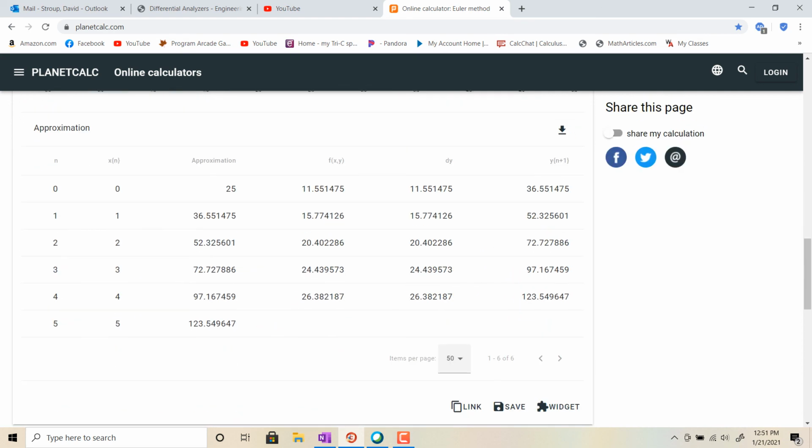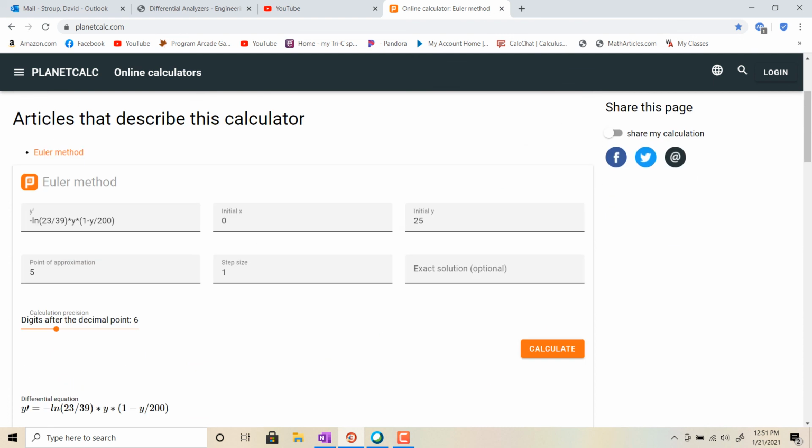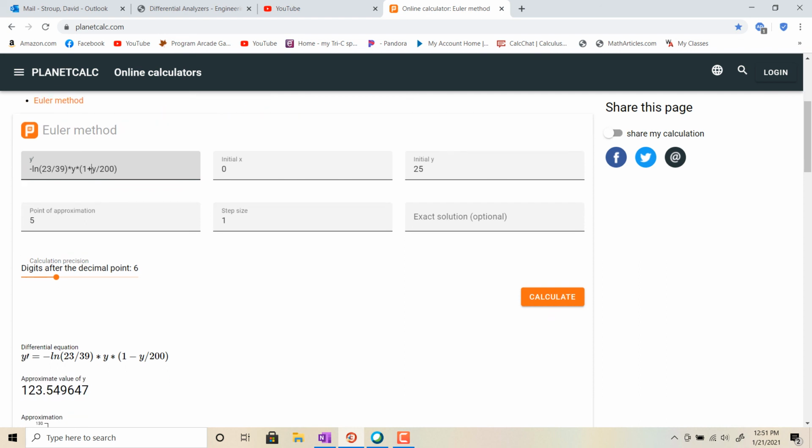Sure. I'm getting some crazy number. What did I do wrong? It should be plus in here. Because you know it's supposed to be around 70 zombies from part B. Still screwy. What did I do? 23 over 39.